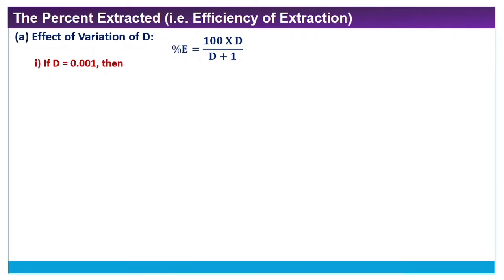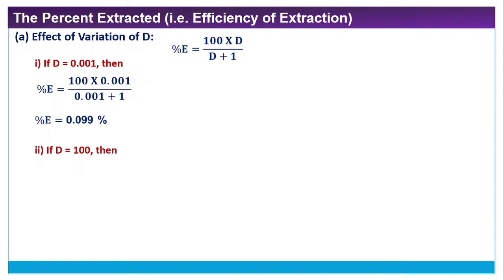Putting this value in the above formula, percentage extraction is 100 times 0.001 divided by 0.001 plus 1. The solution of this equation gives a percentage extraction of 0.099%. Now if we take D equal to 100, then putting this value in the above equation, the percentage of extraction becomes 99%.